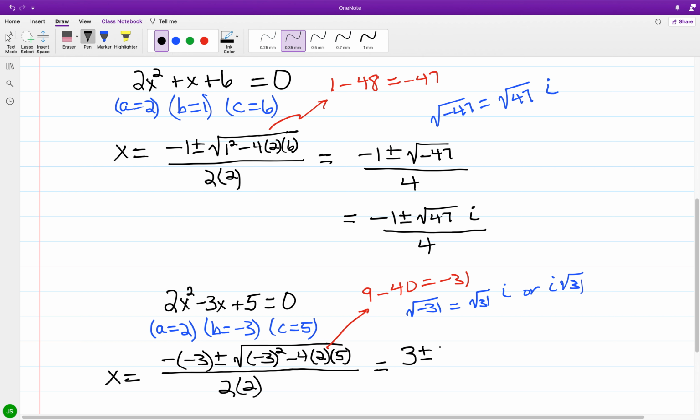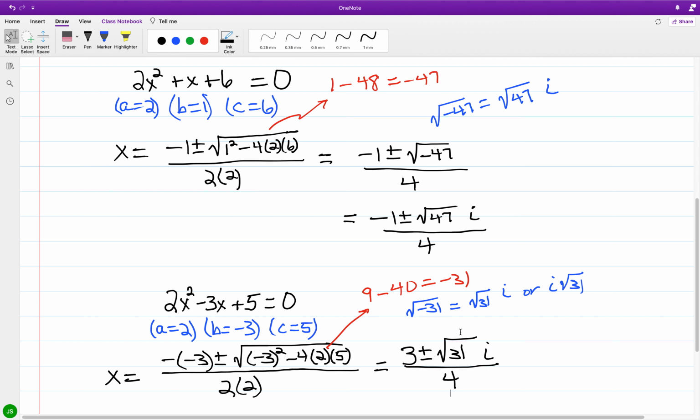So in compact form, we have 3 plus or minus the square root of 31 times i all over 4.